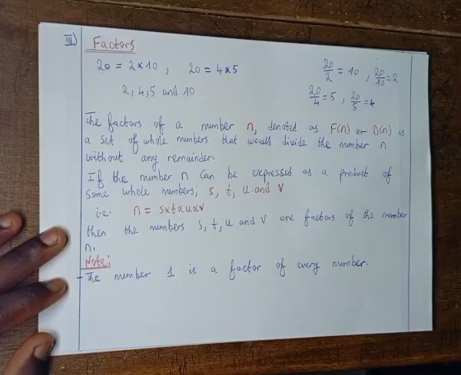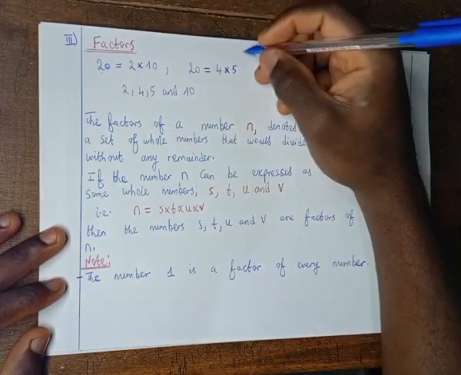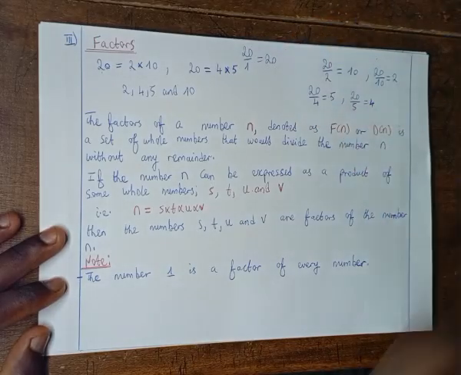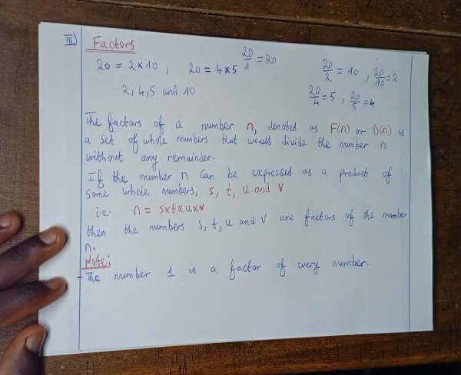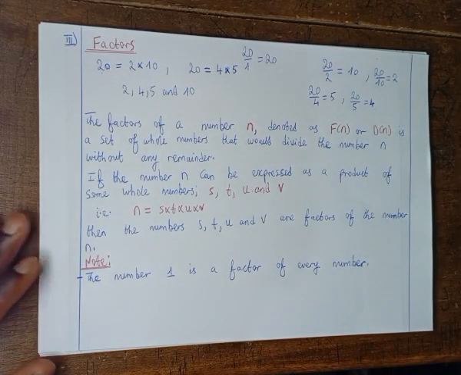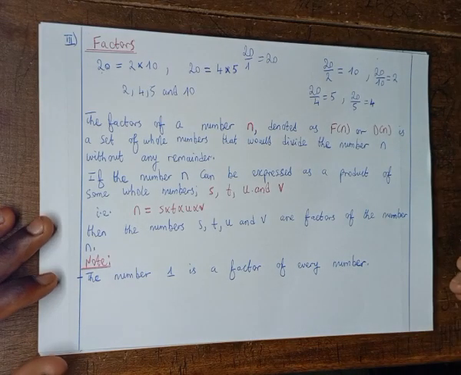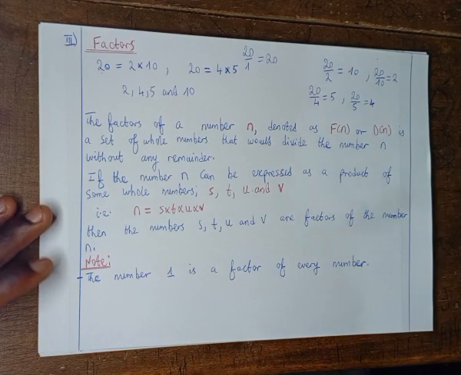Take for example, if you divide the number 20 by 1, it gives us 20, which is a whole number. The remainder is 0. If you divide any number by 1, it gives you that number, and the remainder is 0. So 1 is a factor of every number.